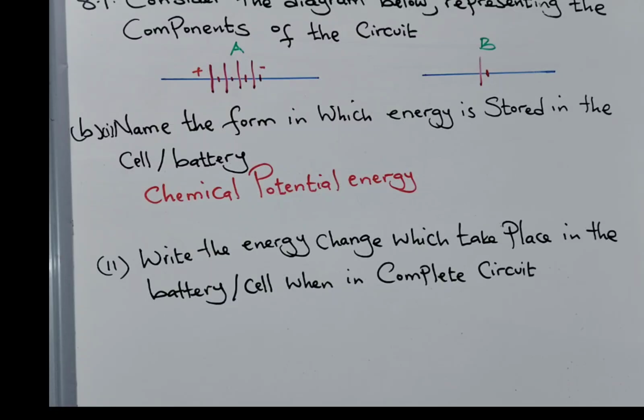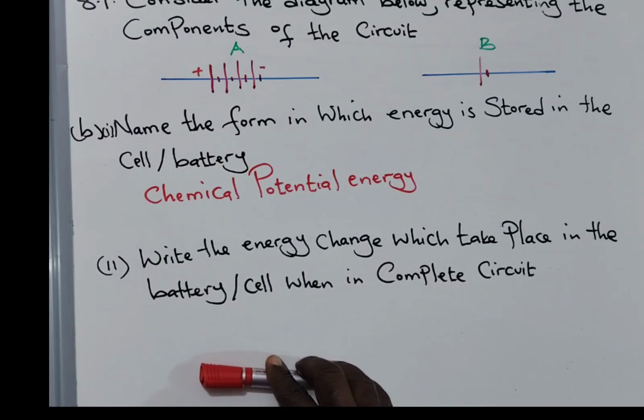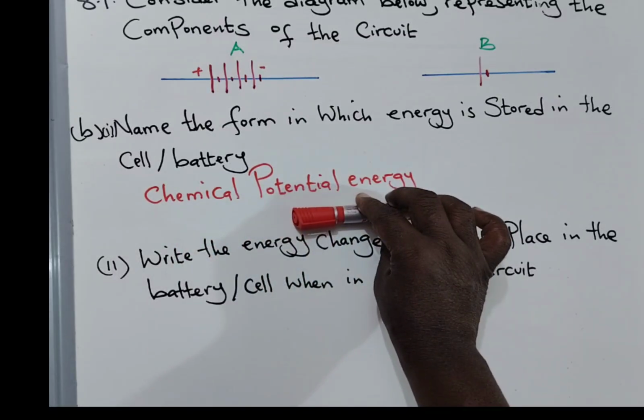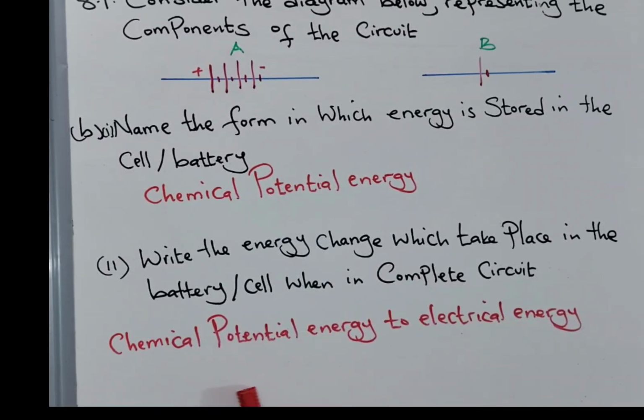It's giving energy to the electrons which are flowing around. So what energy change takes place there? The energy change is from chemical potential energy to electrical energy.